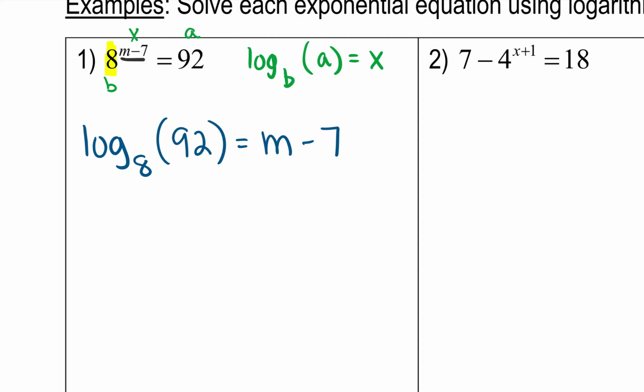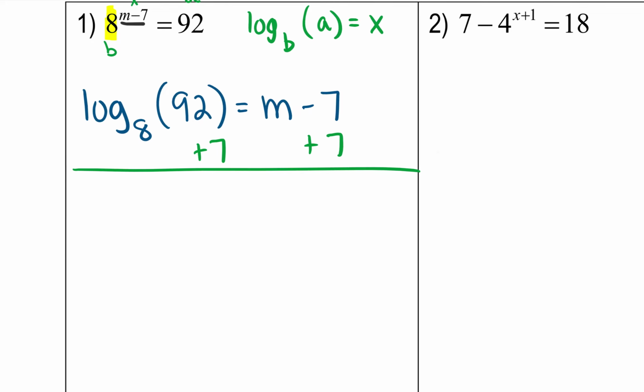From here, I just need to add 7 to both sides, and then I'm done, right? Now, here's the catch, and this is a big thing that I saw people do with the radicals we did. Notice how I have my log 8 of 92 and my 92 is in parentheses. Whenever I move a number to the other side, whether I'm adding, subtracting, multiplying, dividing, whatever it is, I cannot change the number inside the parentheses.